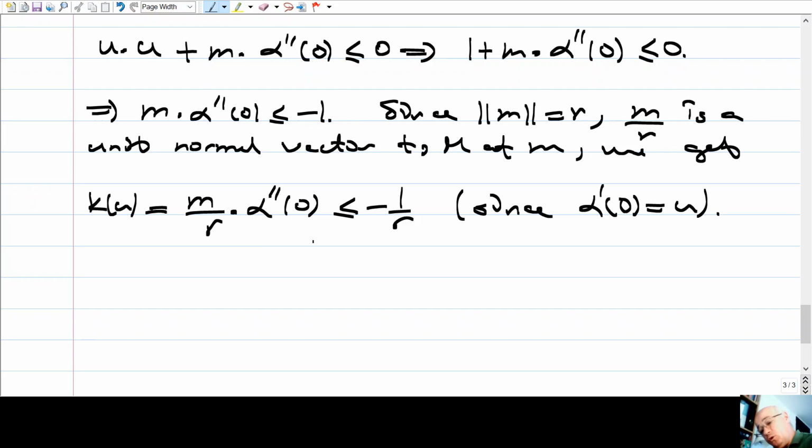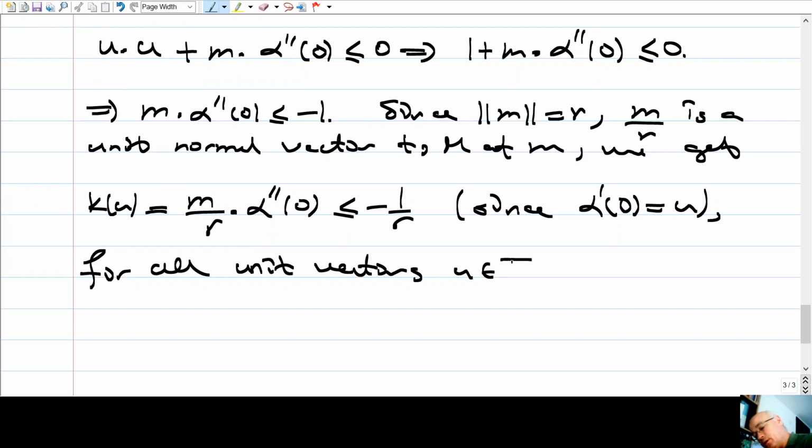And this is true for all unit vectors u in TpM. Okay.